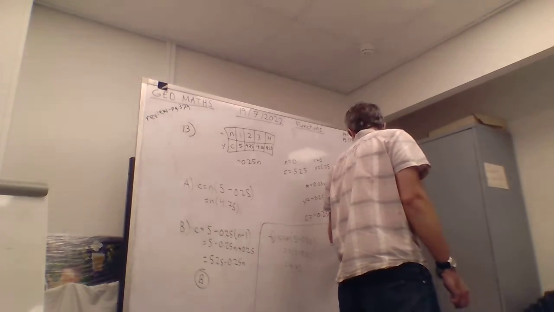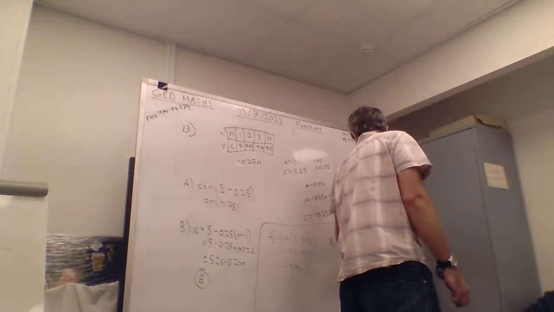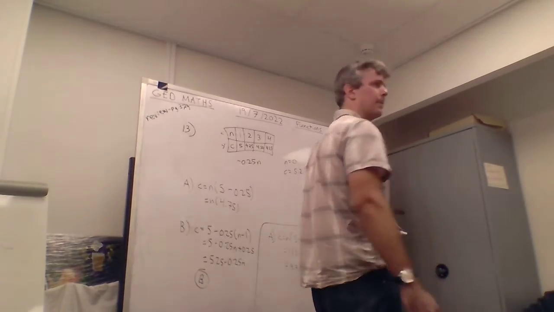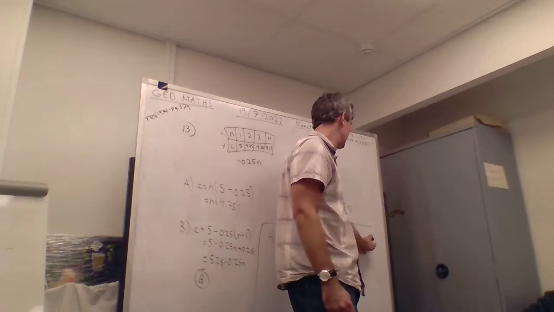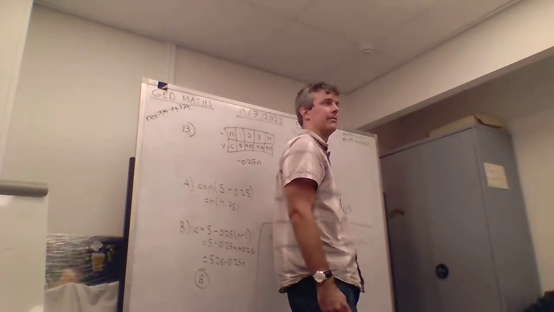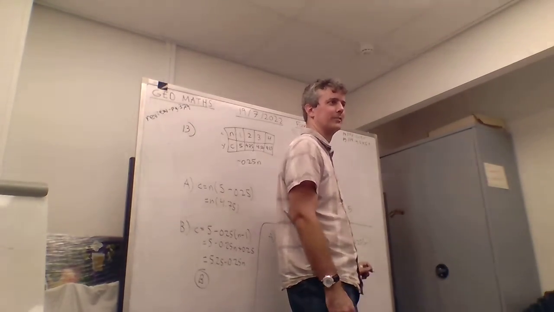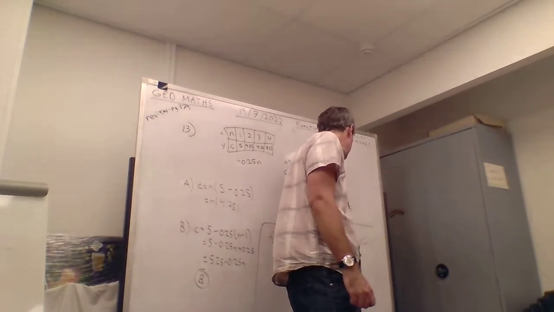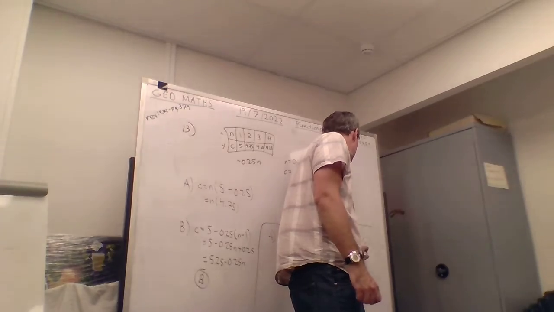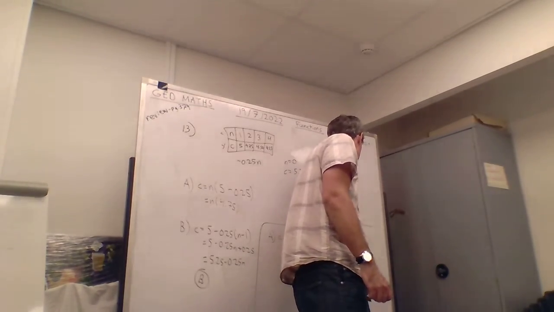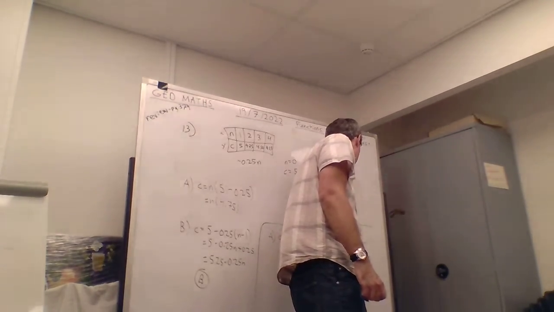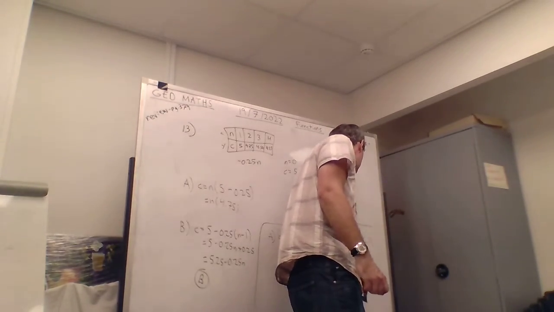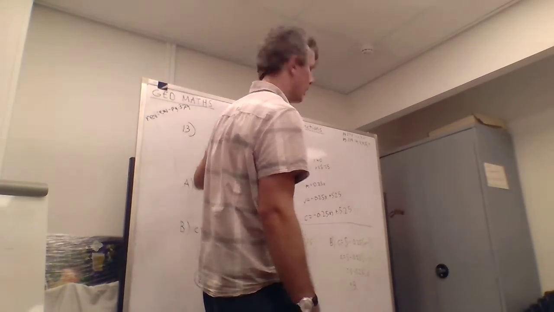C equals 5 minus 0.25 times n minus 1, right? Now if n is 1, this is 0, and this is 5. There we go. You see that? C equals 5 minus 0.25 times 1 minus 1, 5 minus 0.25 times 0, which equals 5. There we have the right combination.